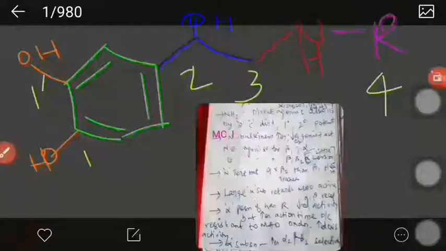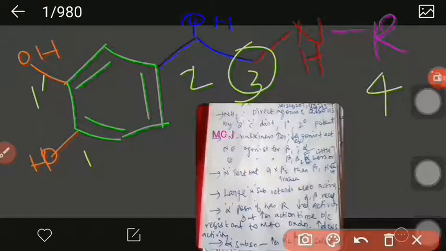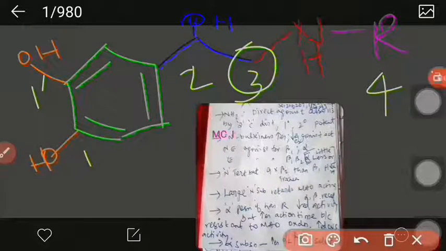Now coming to the alpha position. If the alpha position has R, then there is decreased activity at both the levels, but increased action time because monoamine oxidation does not destroy the drug. What I am talking about is the alpha substitution, that we shall see. This is the beta hydroxyl group, and I am talking about alpha substitution at this one.